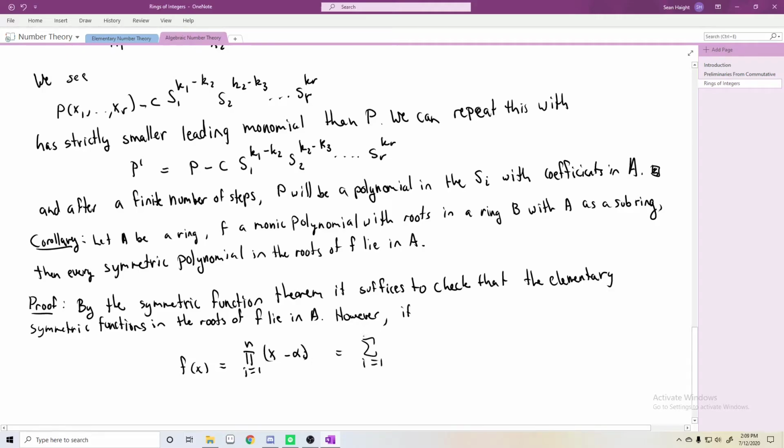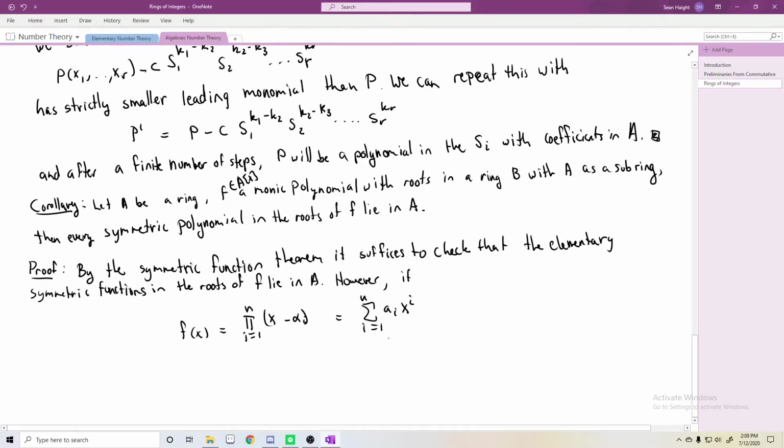So I can write it as a product over its linear factors, or as a sum of monomials. I should tell you this is a polynomial in one variable. f is a sum of monomials, powers of x.